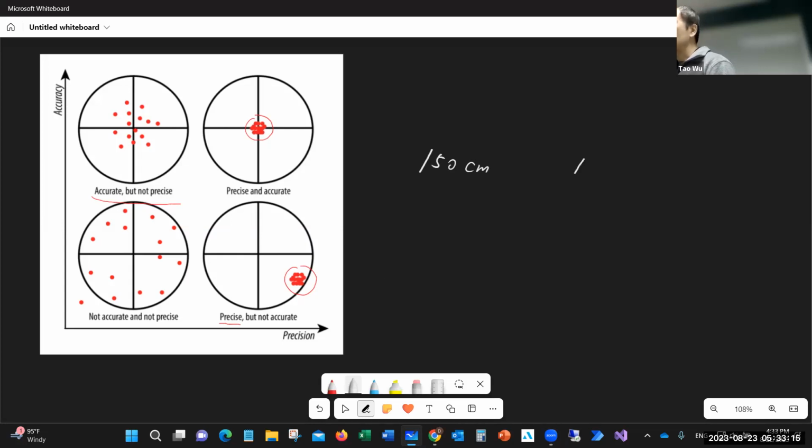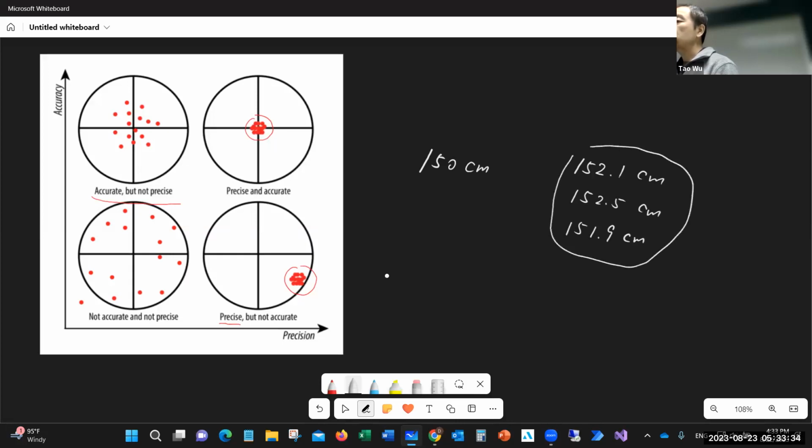One measures 152.1 centimeters. One measures 152.5 centimeters. The other one measures 151.9 centimeters. So those are the three persons who measured the length of this table.